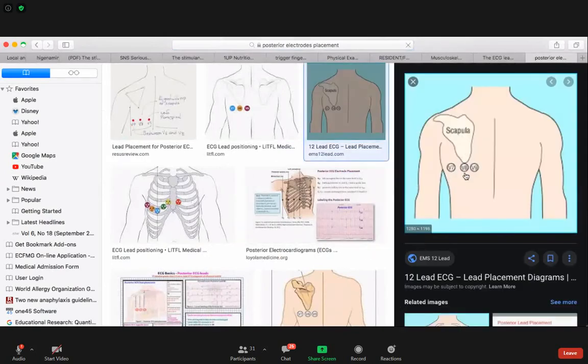Okay, perfect. So here your V8 is usually on the inferior tip of your scapula, okay? V7 and V9 are just left and right of it, okay? And this is going to look at the posterior part of your heart.